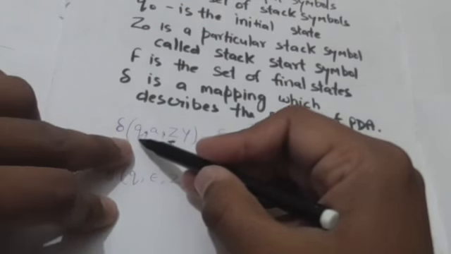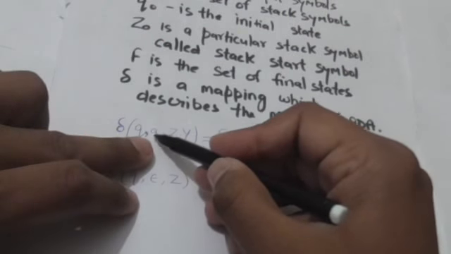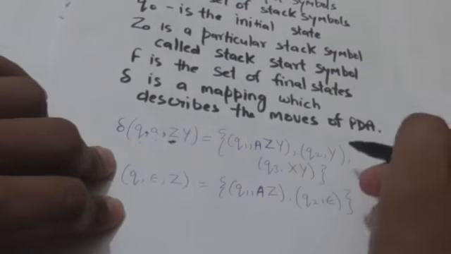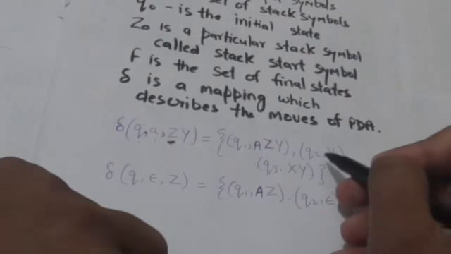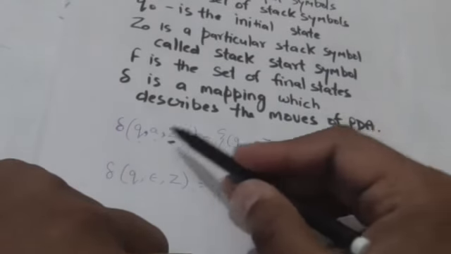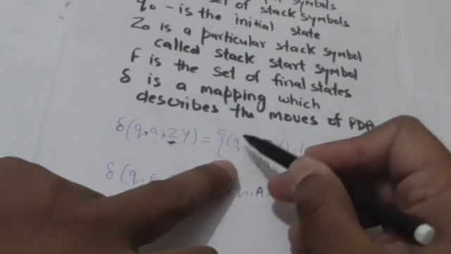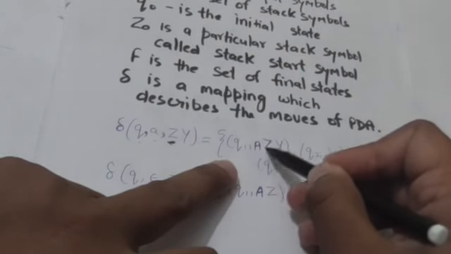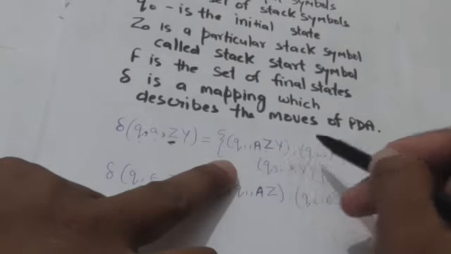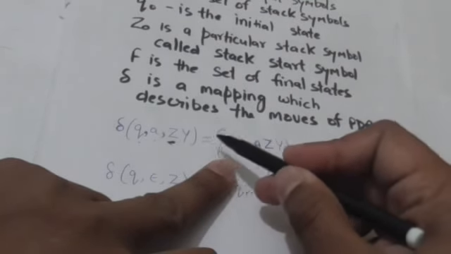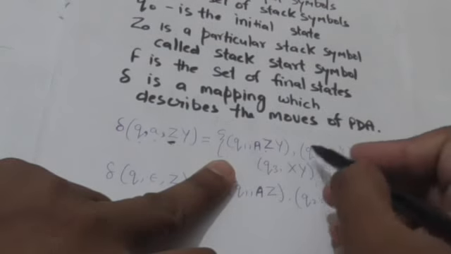Suppose the machine is in state Q, it reads an input symbol A and the top of the stack is Z, right? Now for this it has 3 options. It can either move to state Q1 and push an element A to the stack.